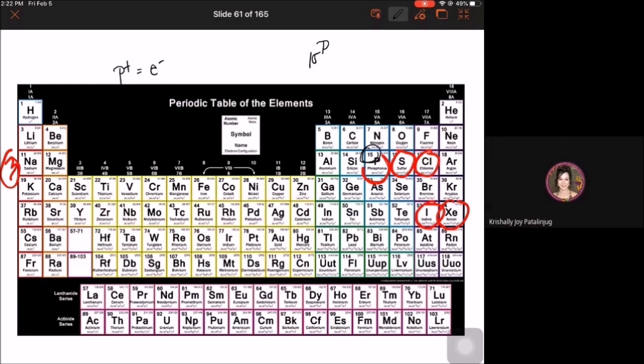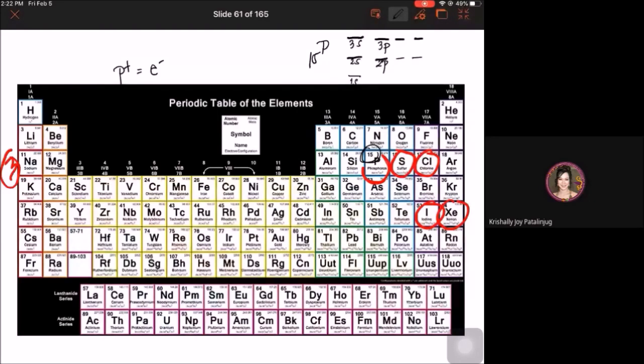Okay, di ba? So 1s first, 2s, 2p, then 3s, 3p, then hanggang diyan na lang. 3 orbitals sa p sublevel.